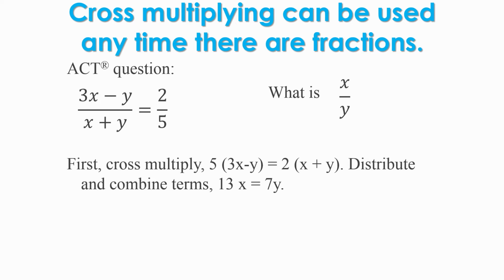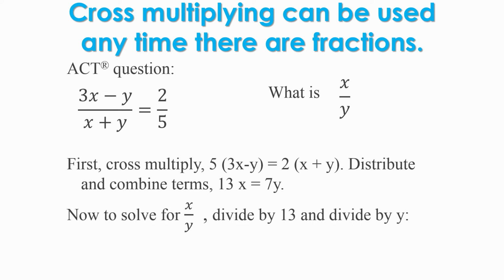So 5 times 3x minus y equals 2 times x plus y. Distribute and combine terms, and you have 13x equals 7y. Now you can see that you can solve for x over y. Just divide each side by y and divide each side by 13, and you get x over y equals 7 over 13.